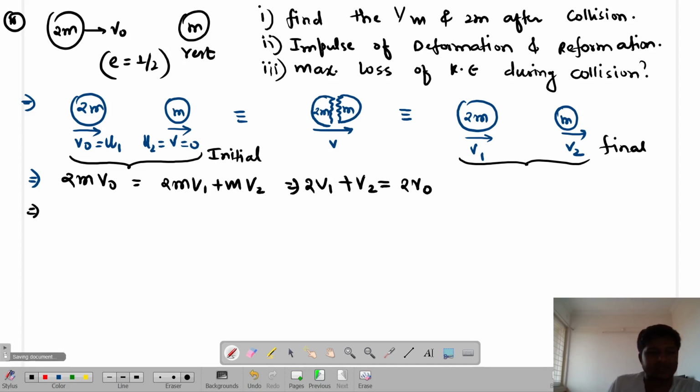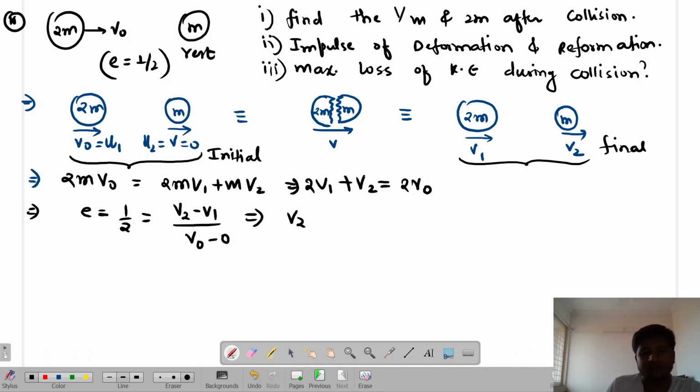Second, elastic collision means coefficient of restitution e is equal to 1, which is velocity of separation, v2 minus v1, divided by u1 minus u2, which is v naught minus 0. So this implies v2 minus v1 is exactly equal to v naught by 2, which can also be written as 2 v2 minus 2 v1 is equal to v naught.